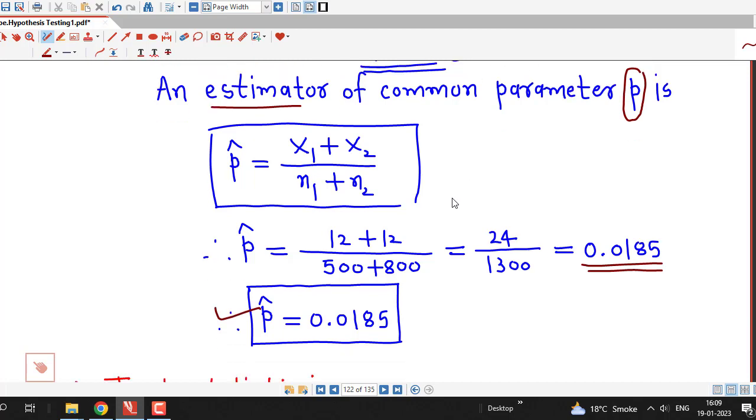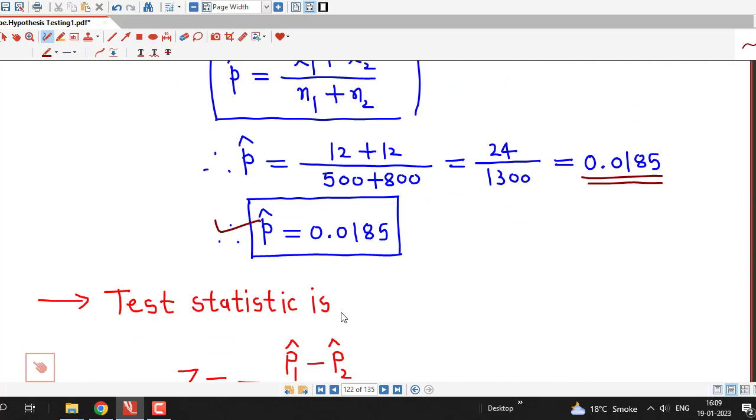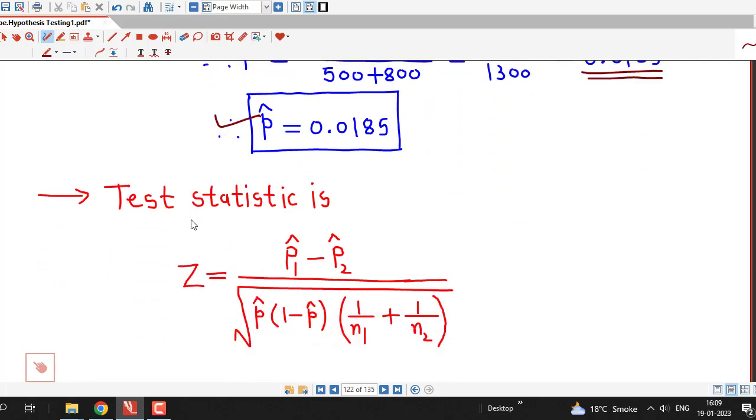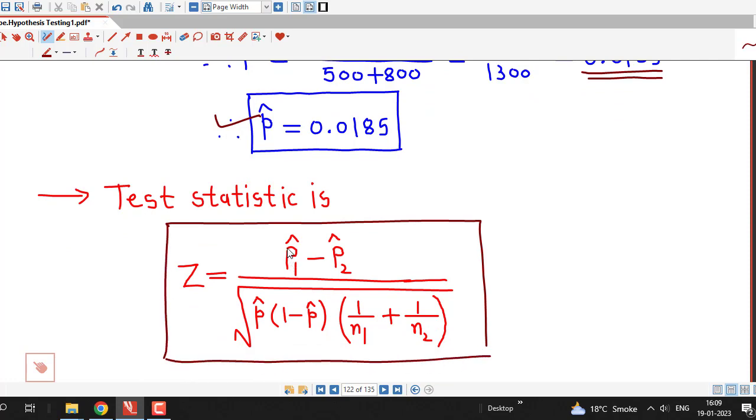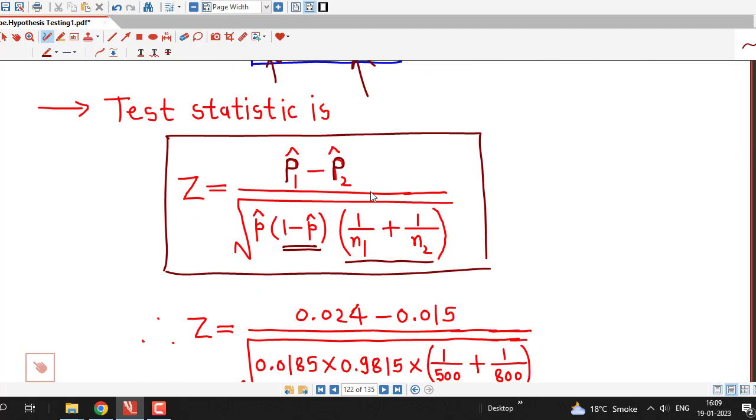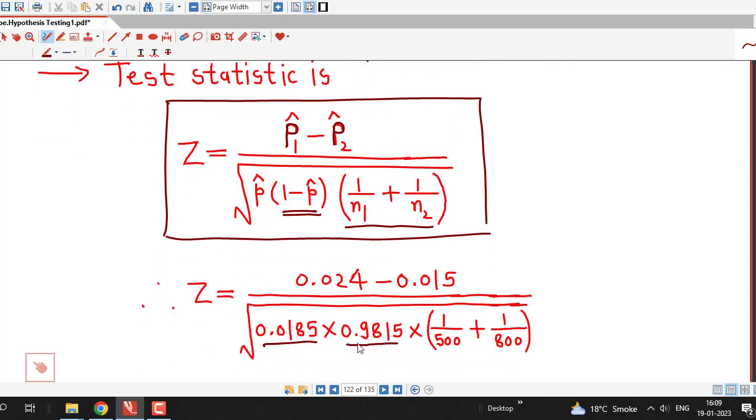This is the estimator of the common population proportion denoted by small p. And once we have this p hat, we can find the value of the test statistic. So remember this formula: z equals the sample proportion for the first sample minus the sample proportion for the second sample, divided by the square root of p hat times (1 minus p hat) times (1 over n1 plus 1 over n2). This quantity is 0.0185, and this is 1 minus this quantity, and n1 is 500, n2 is 800.